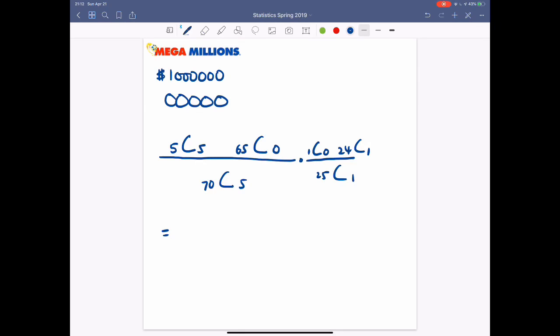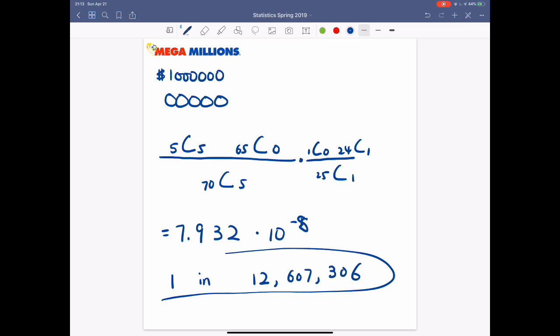We get 7.932 times 10 to the negative 8. Rounding, that gives us odds of 1 in 12,607,006, the chance of winning $1 million in the Mega Millions.